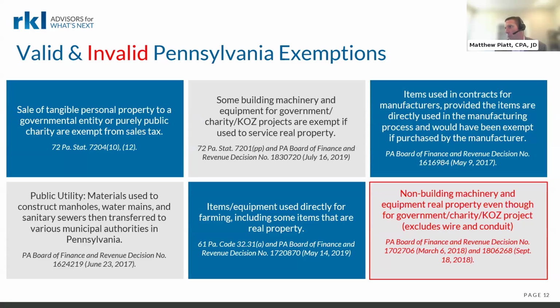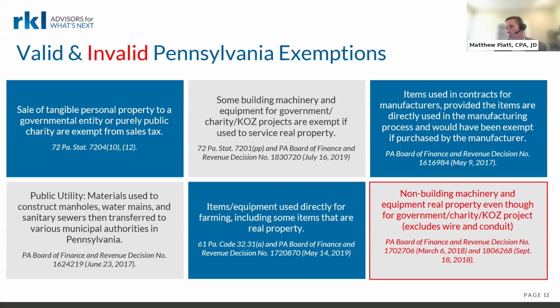We've got the Board of Finance and Revenue decision here, and there are others out there. This is just one I picked that walks through that as well. Items used in contracts for manufacturers are exempt, provided the items are directly used in the manufacturing process and would have been exempt if purchased by the manufacturer. So we see a limited exemption here, and we see a revenue decision that talks about that.